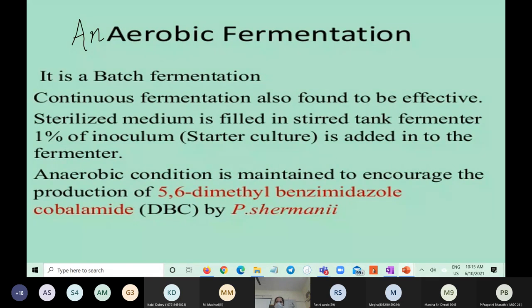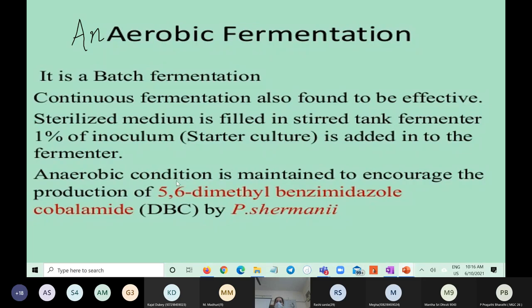So two types of fermentation we are taking here: first the anaerobic fermentation, second the aerobic fermentation. Both have their specific role, with specific characteristics in each. In anaerobic fermentation, there is one product called DBC, dimethyl benzimidazole cobalamide, which is produced by this bacteria.